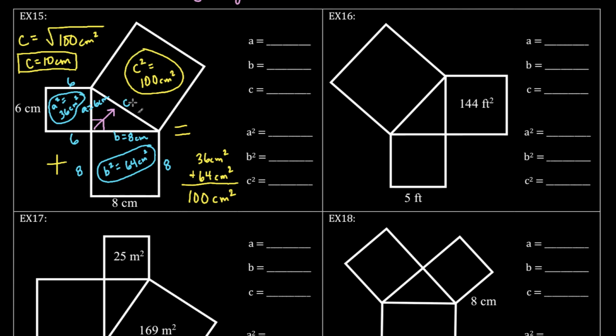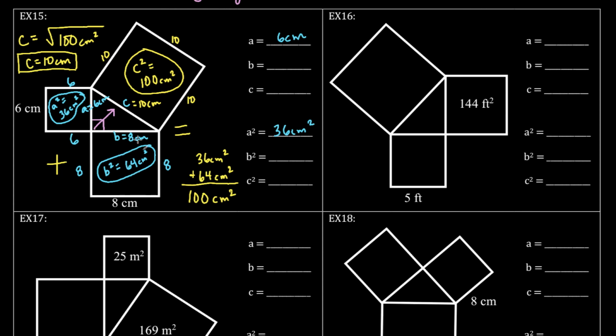And so that means that C is 10 centimeters. This is 10 centimeters, this is 10 centimeters, this is 10 centimeters. So I should go ahead and label these. A was 6 centimeters, so A squared was 36 centimeters squared.